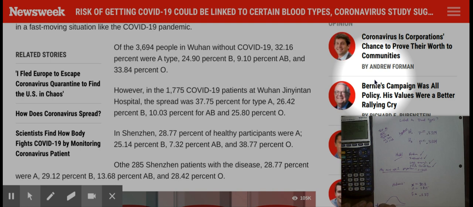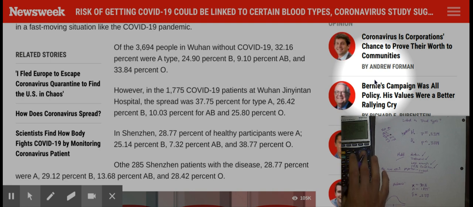The shaded region underneath here is, whoa, 2.7 times 10 to the negative 9. It's scientific notation. It's an extremely low number.